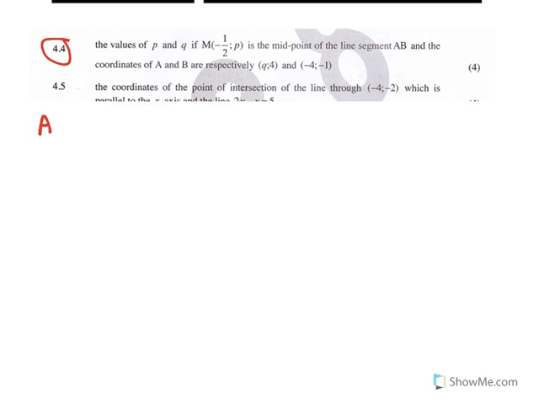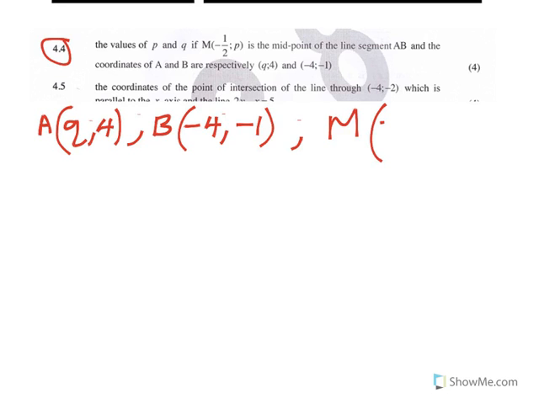So again, just to write it like this, you are given A is (Q, 4), because if they say respectively, they are saying as they happen. Start with A for that, and B is (-4, -1). And also we are given M for midpoint as (-1/2, P). These values are very important for our solution.